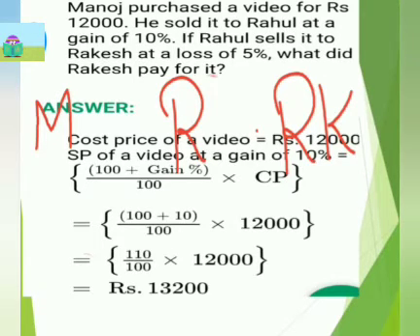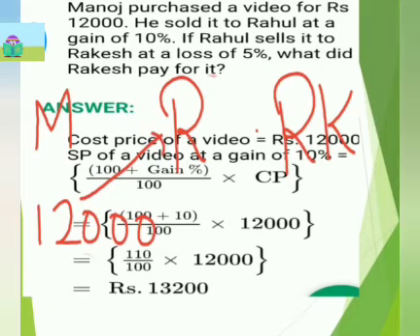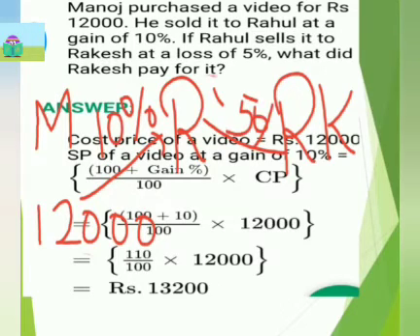Now in the question it is given that Manoj has purchased it at 12,000. He sold it to Rahul at a gain of 10%, and Rahul sells it to Rakesh at a loss of 5%.